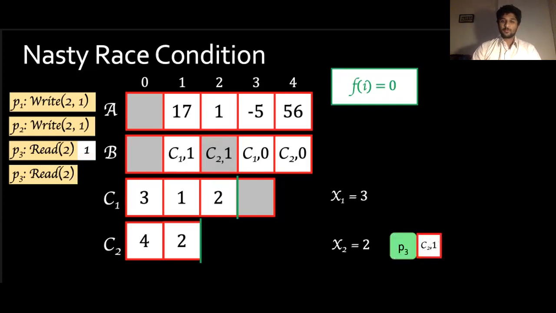Now, P3 stalls, and P1 and P2 finish executing their certifications in the same way we had seen before. That is, P1 CASes its certificate pointer successfully, and P2 fails its CAS and walks back.